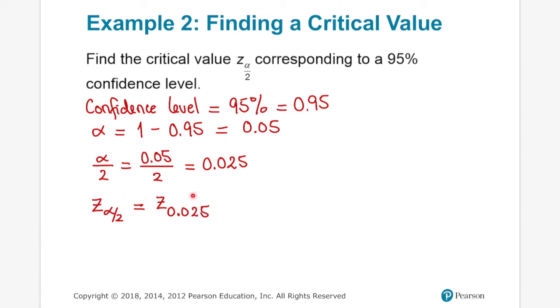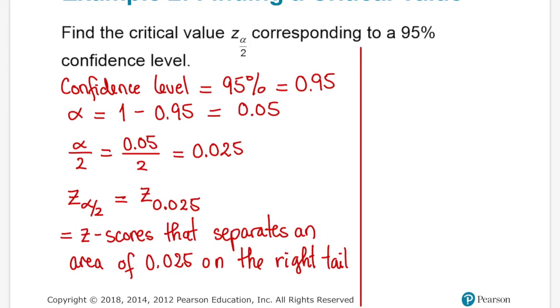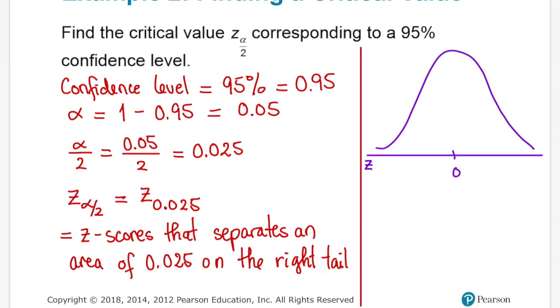What does this mean? It means that I want to find the critical number z that separates an area of 0.025 on the right tail. In order to do this, I am going to draw my standard normal distribution. In a standard normal distribution, the mean is always 0 and the standard deviation is always 1.